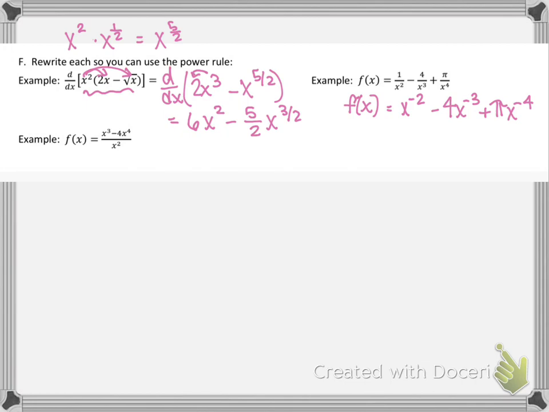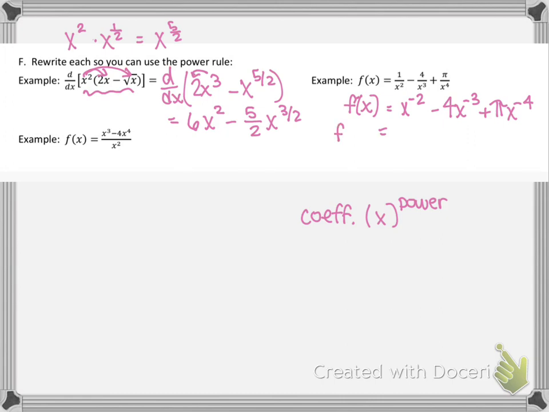Now that we've rewritten the problem so that it has terms of the form a coefficient times x to a power, we can go ahead and use the power rule to take our derivative.